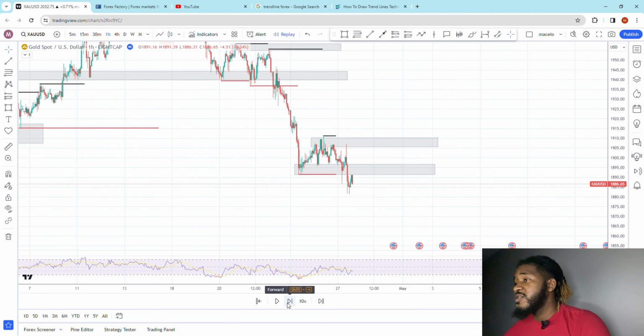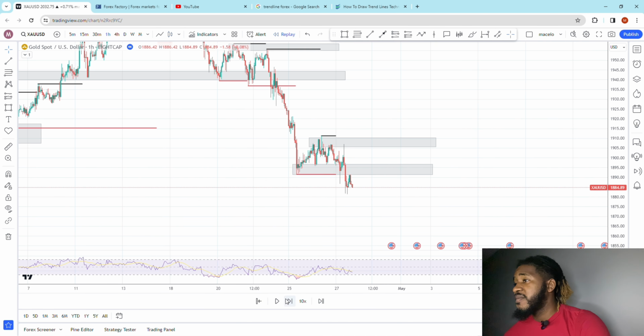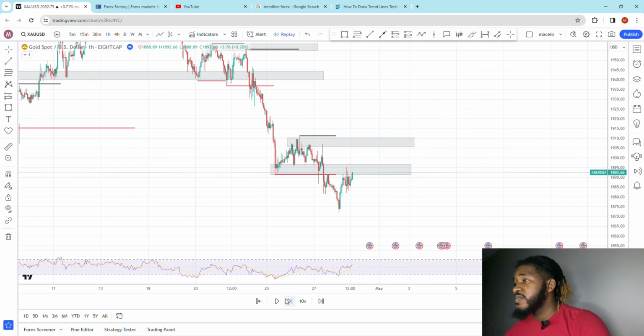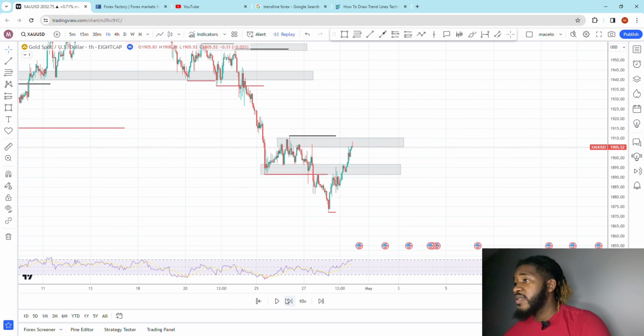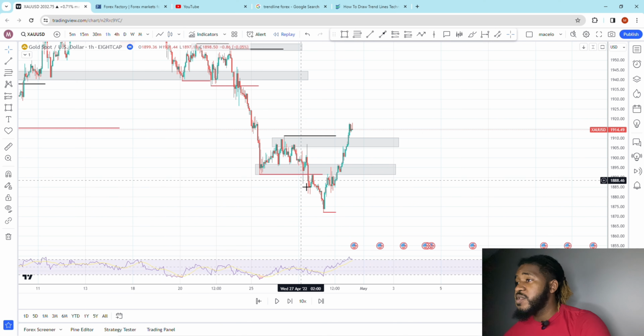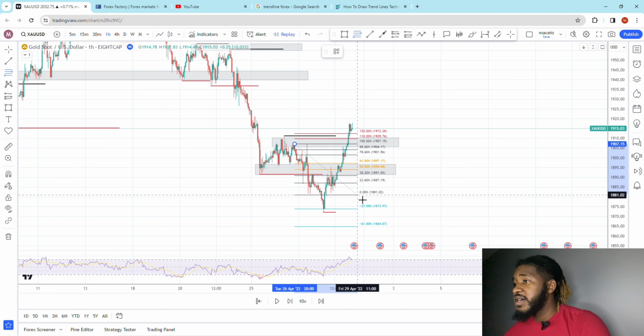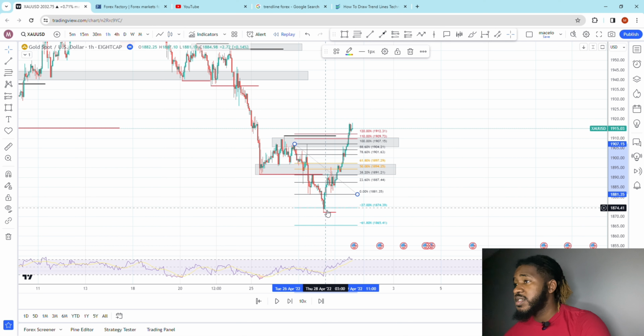Will it respect the lows or not, and then sell? One way to find out. So right now it broke, retested, sold. This was the impulse, just the pullback, this was the continuation.